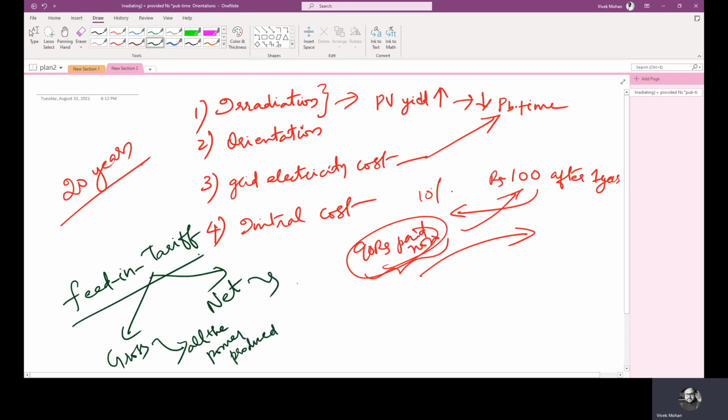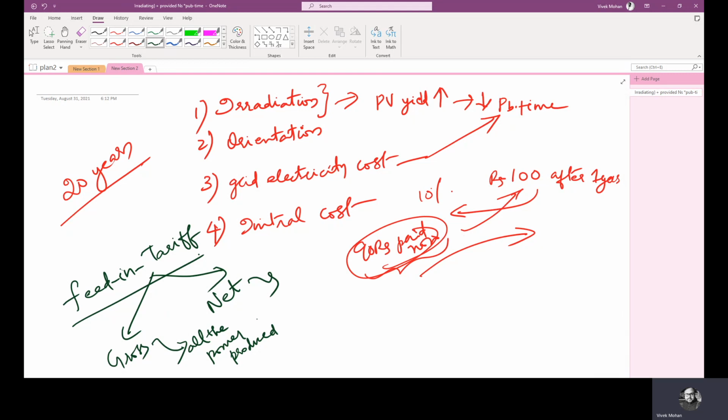Now, net feed-in tariff is basically where they promise a higher rate for the surplus electricity fed to the grid. So after meeting the local demand, if the surplus electricity is pumped to the grid, then they get a higher rate. That means after domestic use of the consumer is subtracted, the excess power is pumped to the grid, so you will get a higher rate.